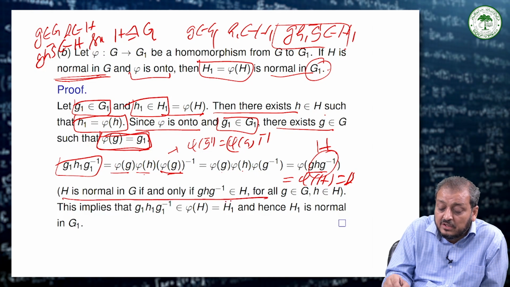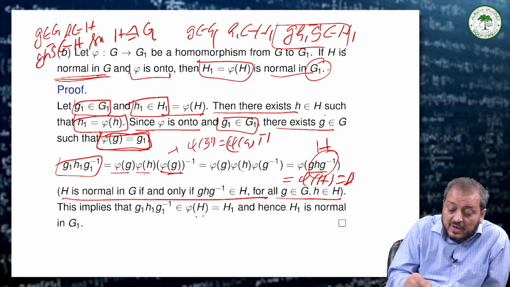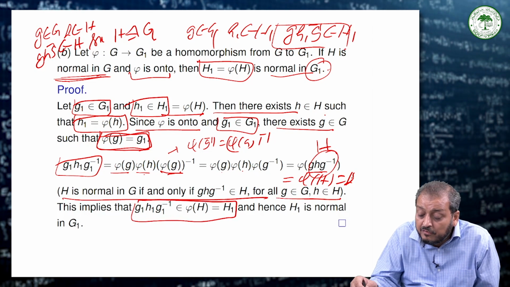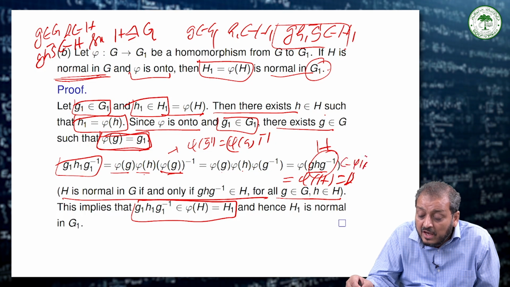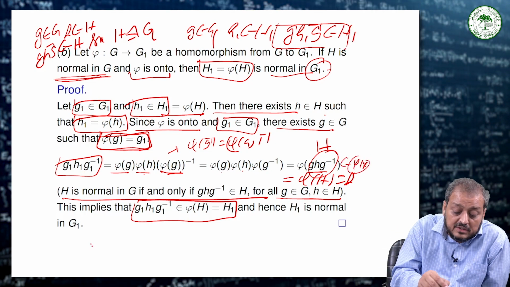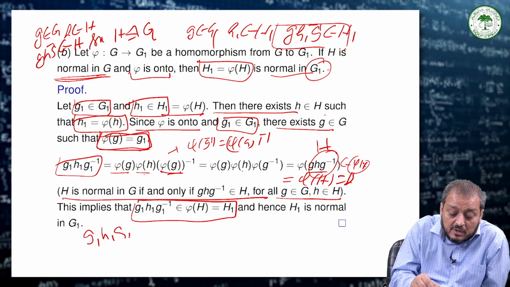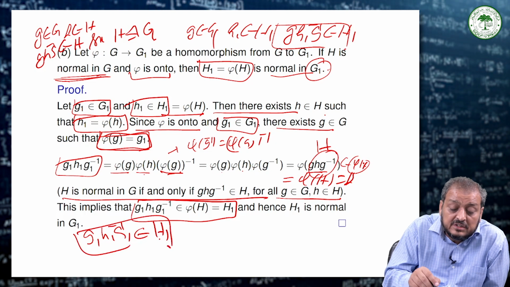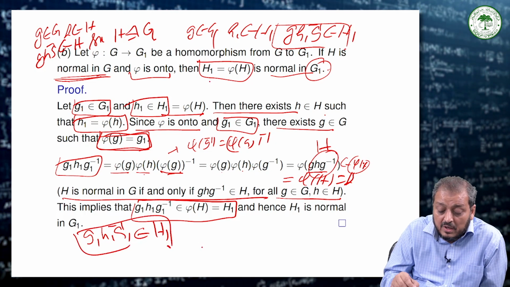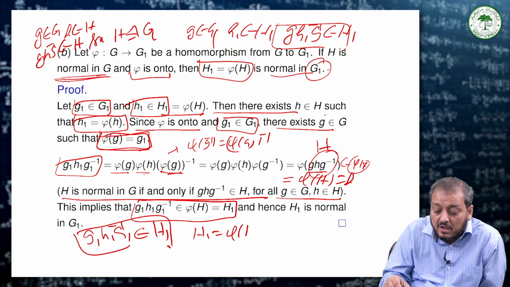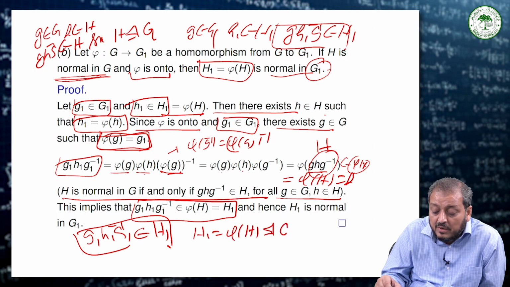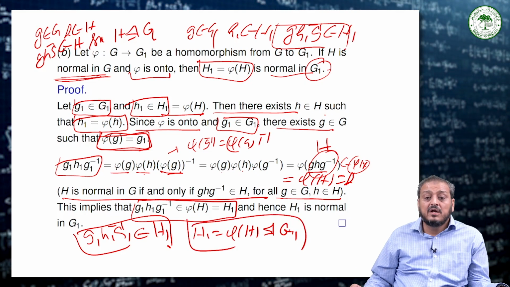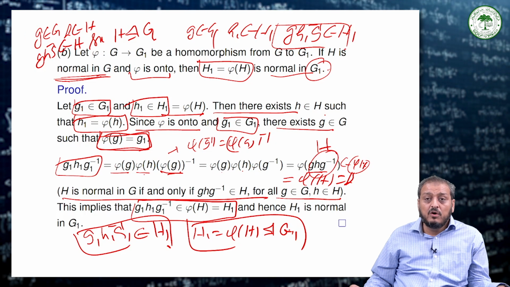By this condition, this is an element of phi of H. If this is h1, then we have to show that g1 h1 g1 inverse is an element of H1, and then H1 is nothing but phi of H, and this is normal in G1. So this completes the proof of this theorem.